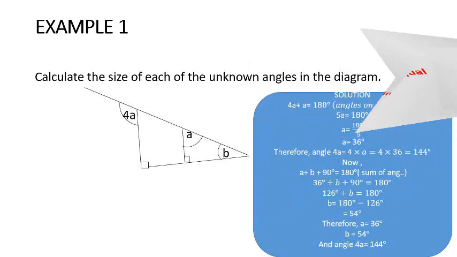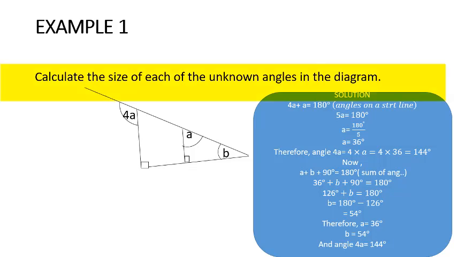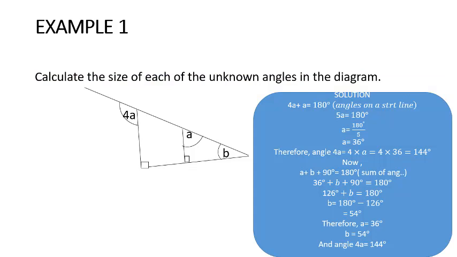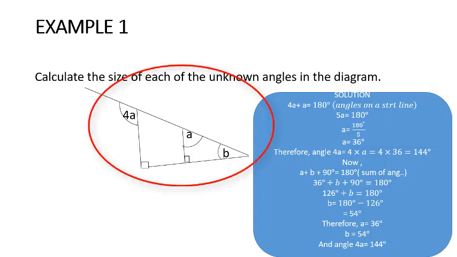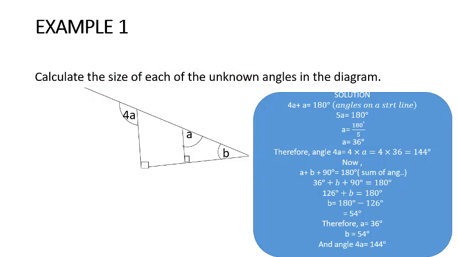Here we have example 1. The example says, calculate the size of each of the unknown angles in the diagram. Now let us look at the diagram. The diagram is a composite shape, because a composite shape is a shape which is made up of different shapes.